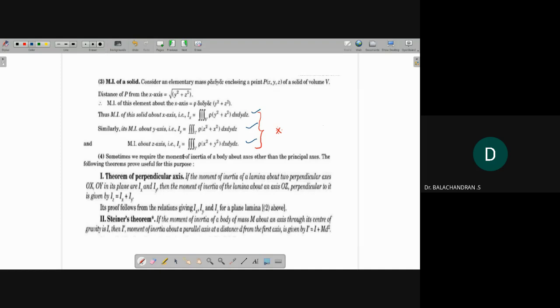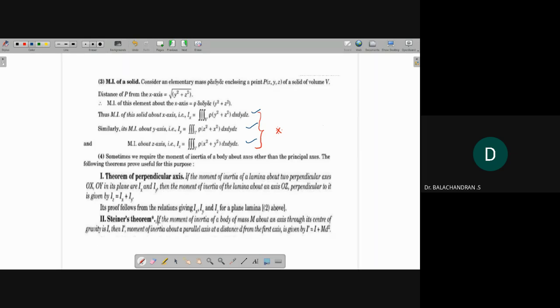Sometimes we require the moment of inertia of a body about an axis other than the principal axis. So the following theorems prove useful for this purpose. Theorem of perpendicular axis: if the moments of inertia of the lamina about two perpendicular axes OX, OY in its plane are Ix about x-axis and Iy about y-axis, then the moment of inertia about z-axis is Iz, equal to the sum of Ix and Iy.